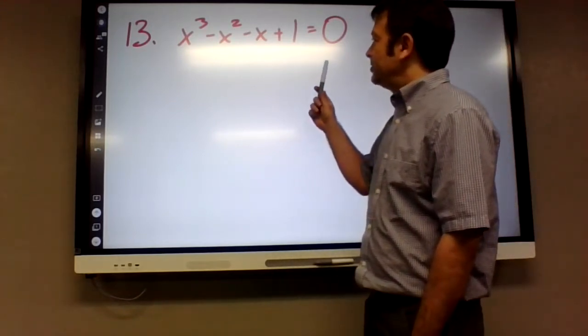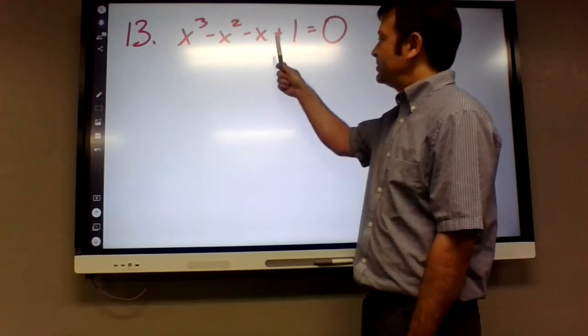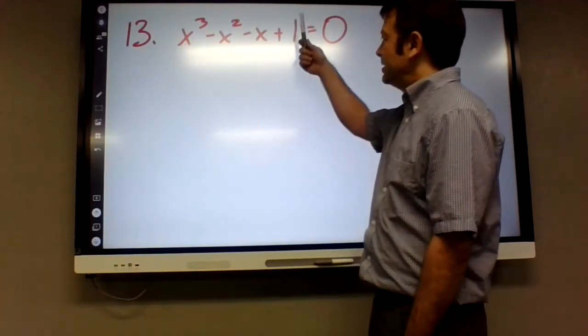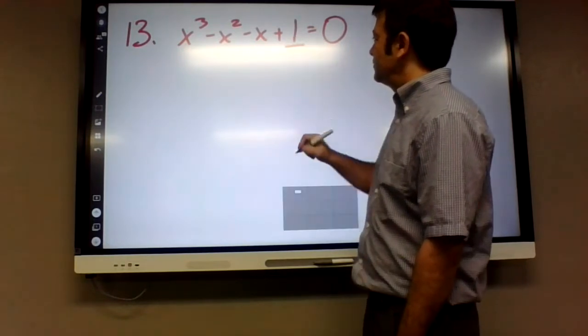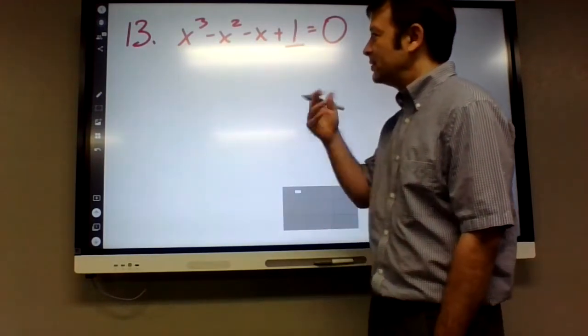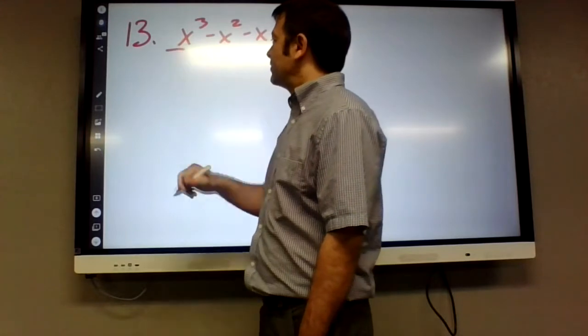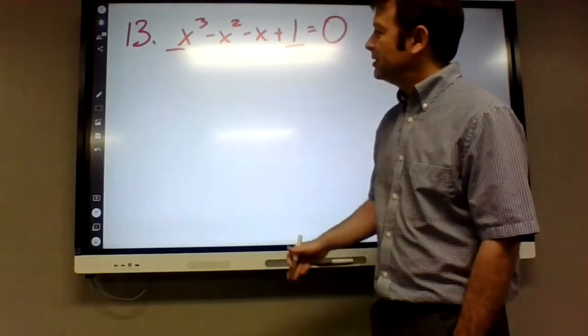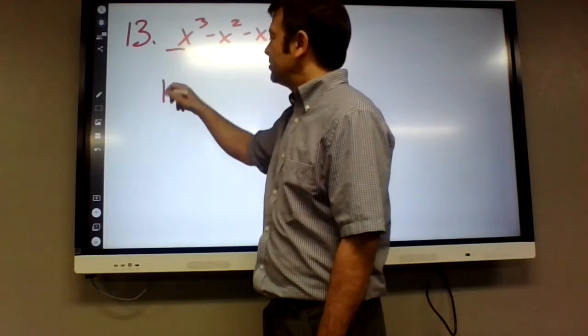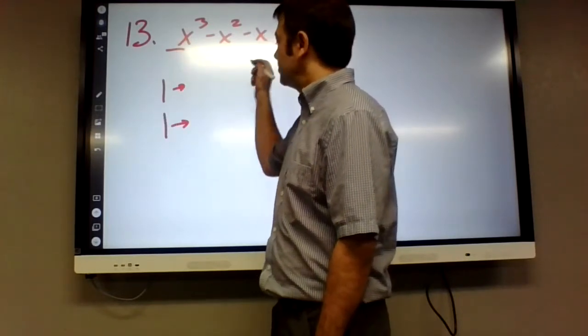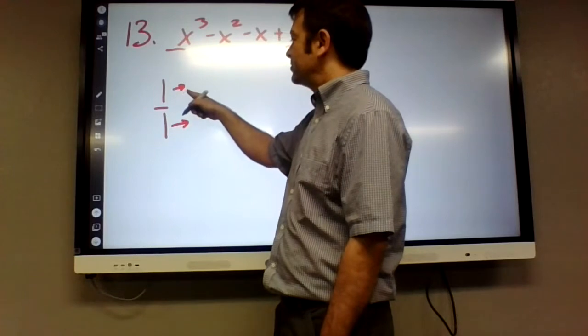So we did this last year, you probably forgot. If there is a rational solution to this, then it's going to be factors of the last coefficient over factors of the first coefficient. So, first coefficient is 1, last coefficient is 1.